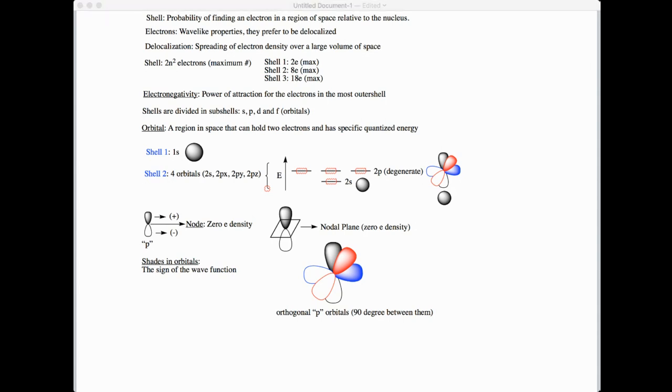Okay, the sign of the wave function again. That's a little bit advanced, but I'll try to make it simpler for you. As I said, the electrons have wave-like properties.